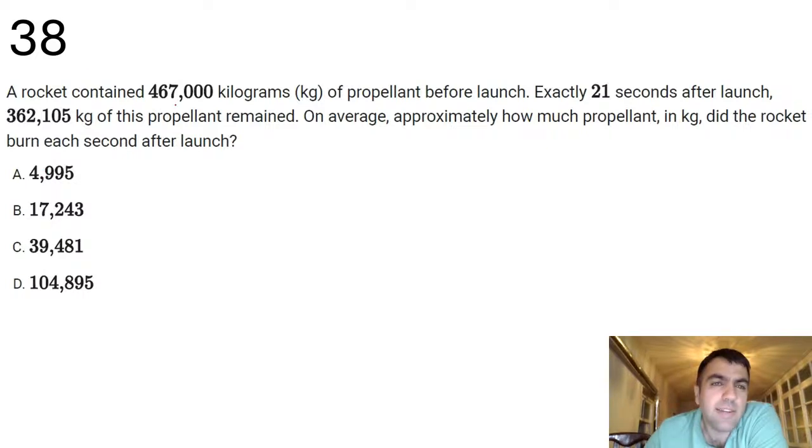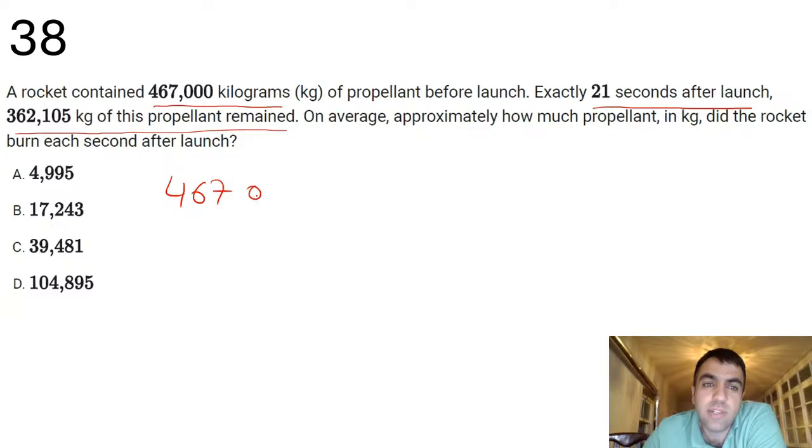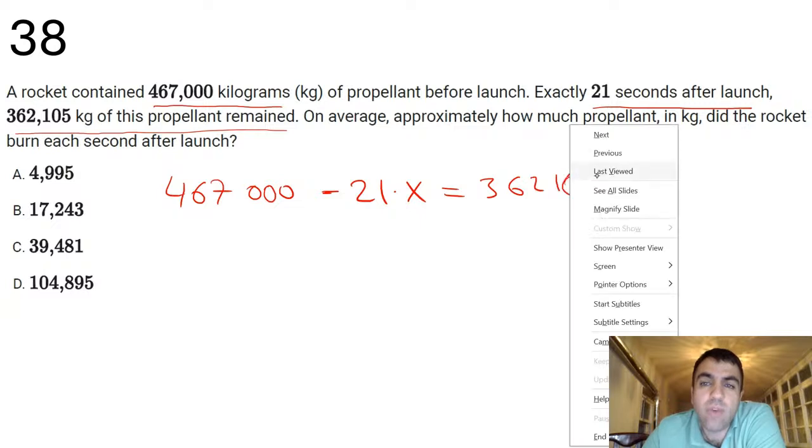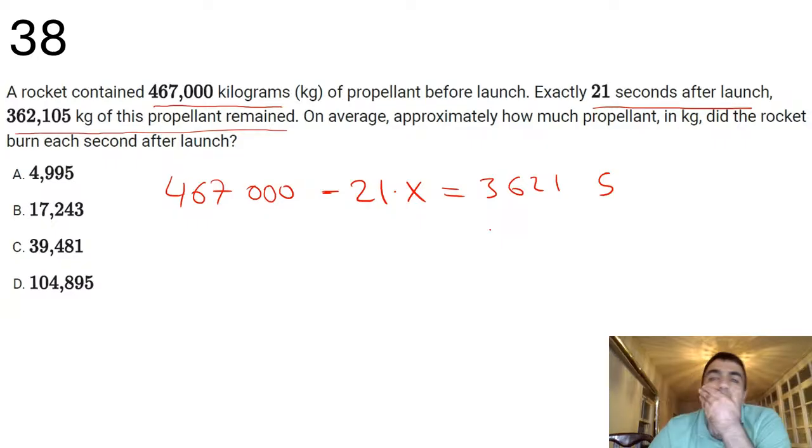A rocket contained 467,000 kilograms of propellant before launch. Exactly 21 seconds after launch, x kilograms of this propellant remained. We are saying that 467,000 minus 21x is equal to 362,105, right? On average, approximately how much propellant in kilograms did the rocket burn each second after launch?